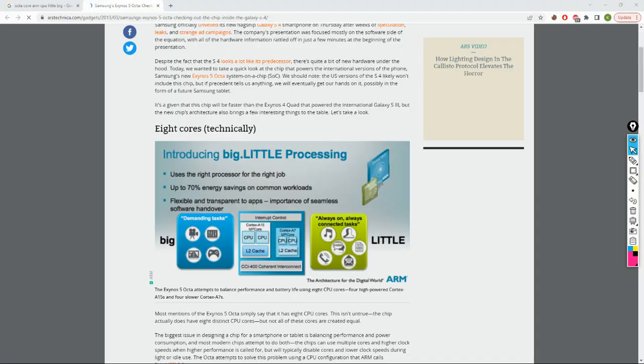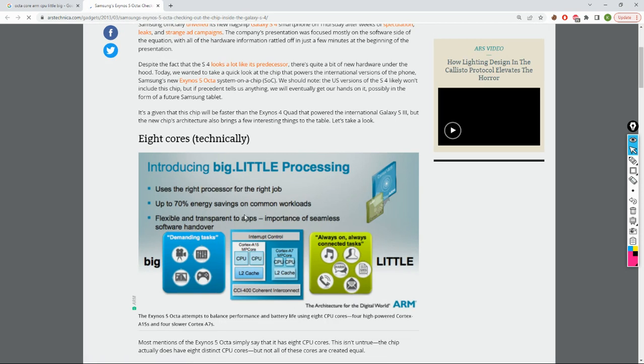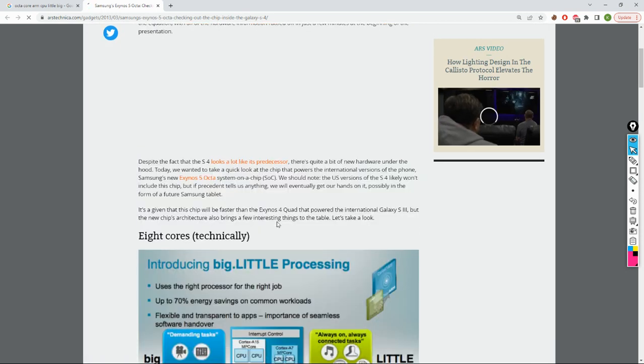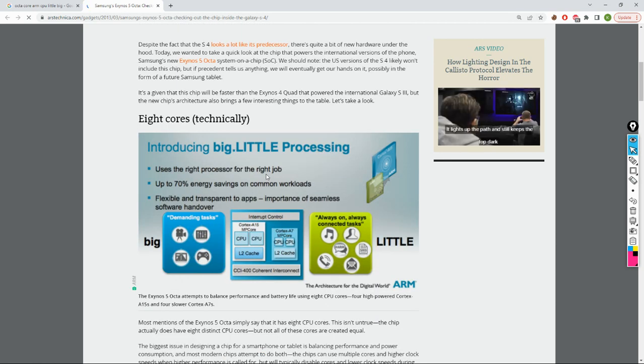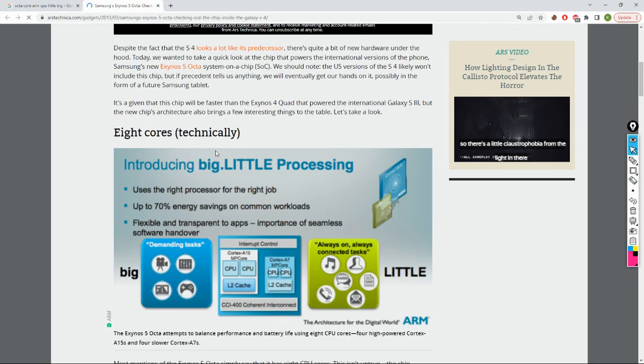Okay. Before we get started on the actual topic, I want to give you some food for thought, which is something that you can go back and understand: what is the meaning of big little processing, or big little architecture that ARM has brought in.